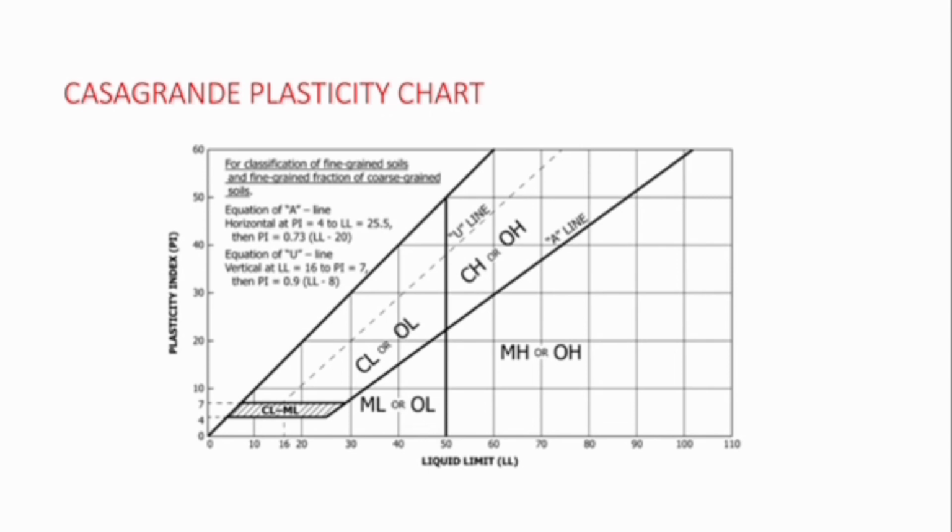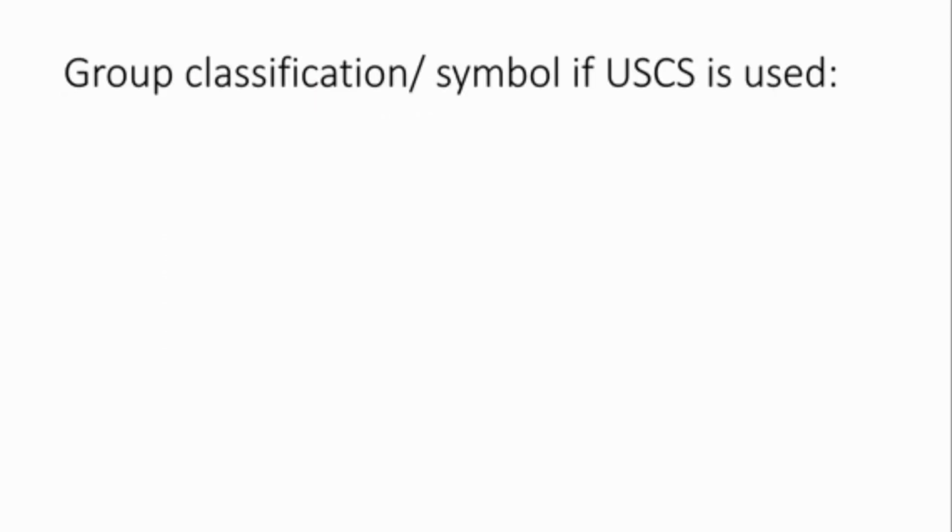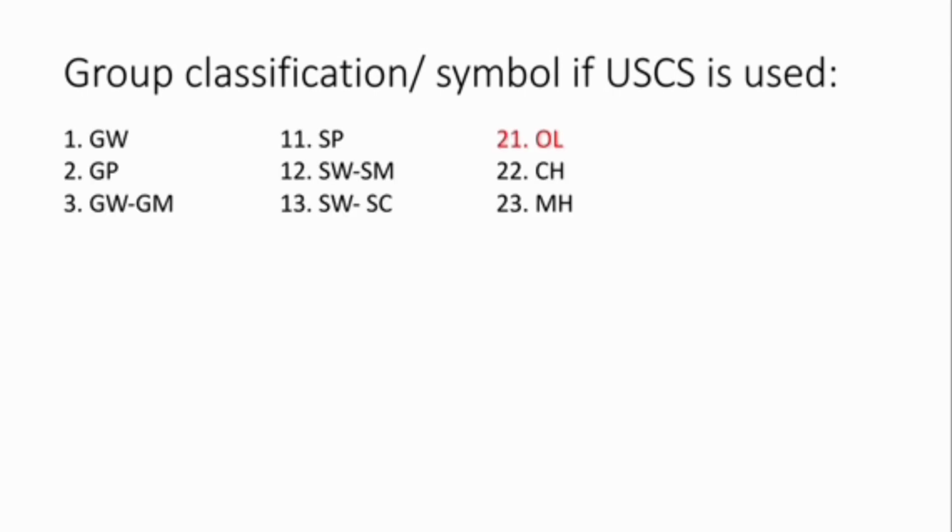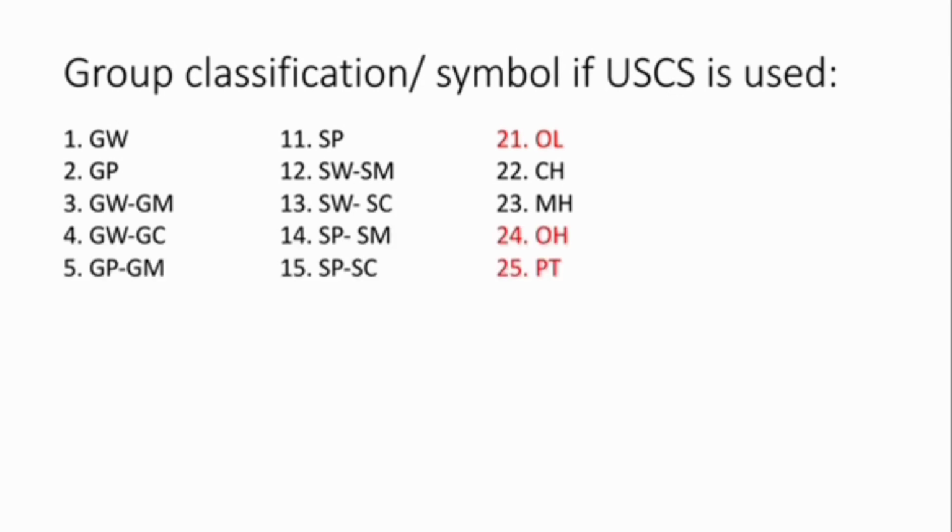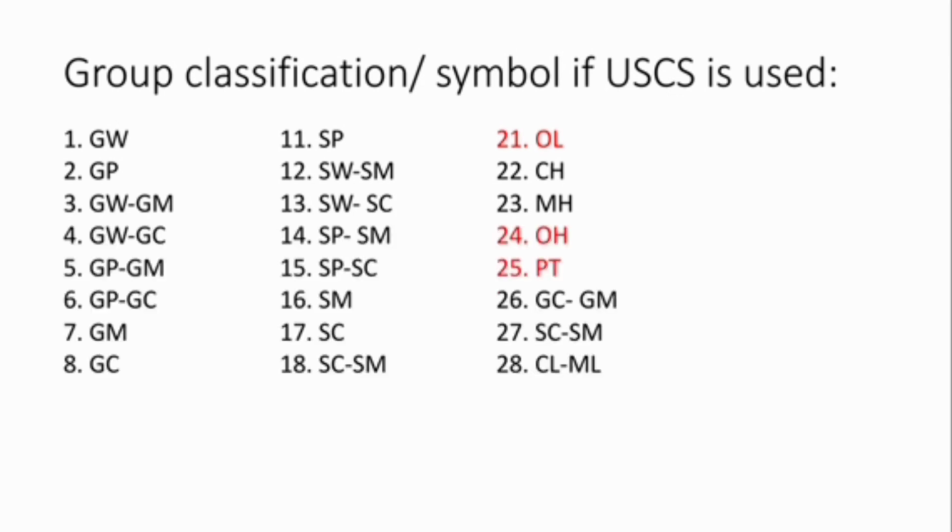So you will learn. Next, group classification symbols if USCS is used. Here are the group symbols or group classification. We have 28 group symbols if USCS is used.